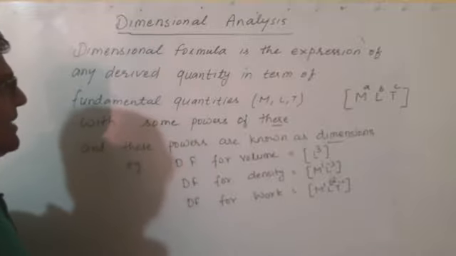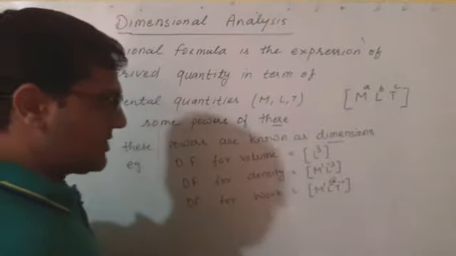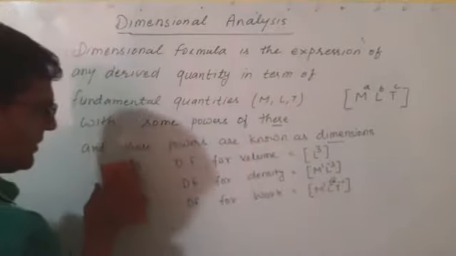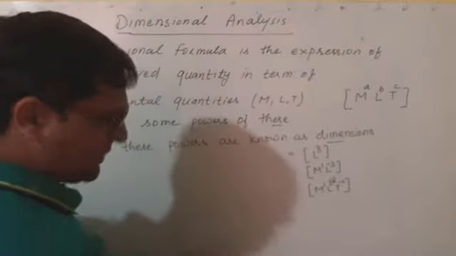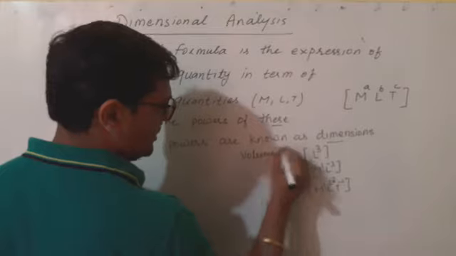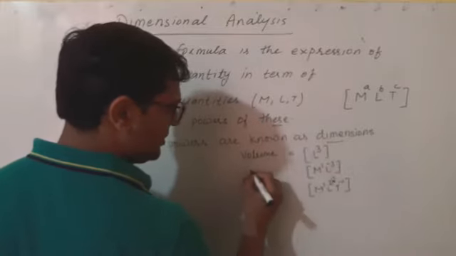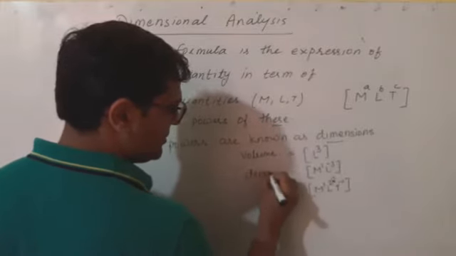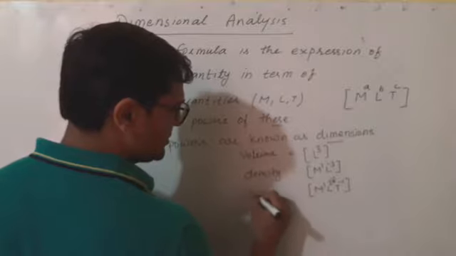Another thing is the dimensional equation. What is that? Here I wrote the dimension formula for volume. This represents the dimension formula. This is for density, and similarly this is for work.